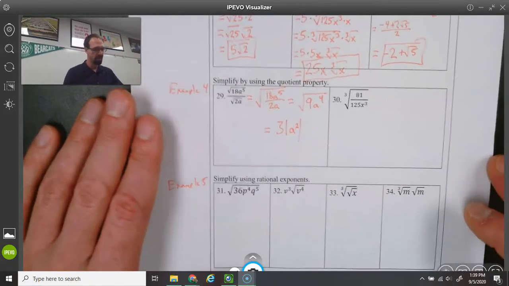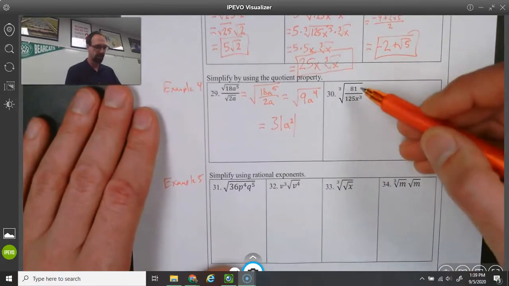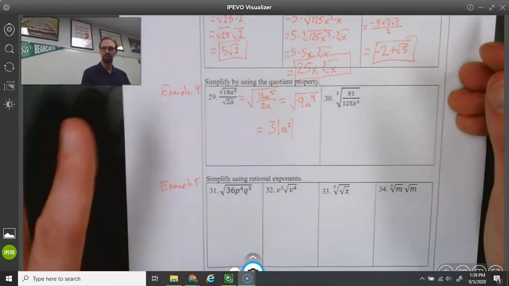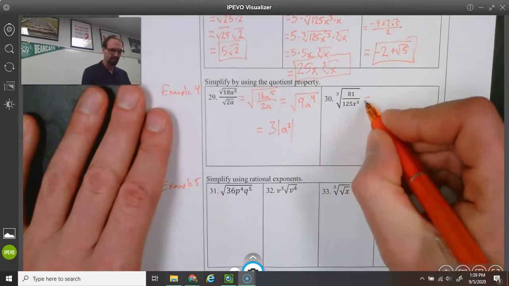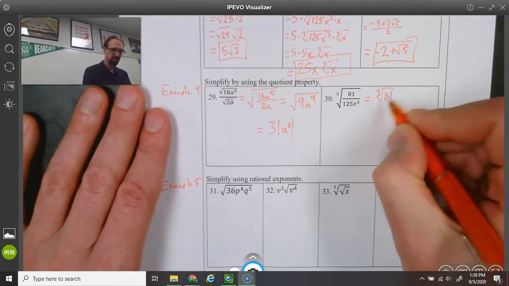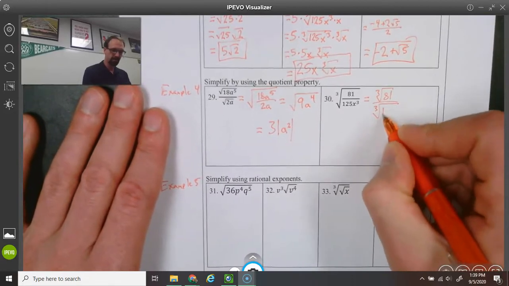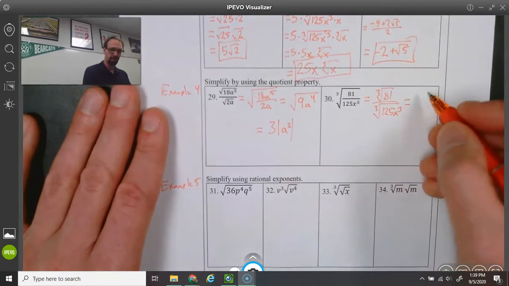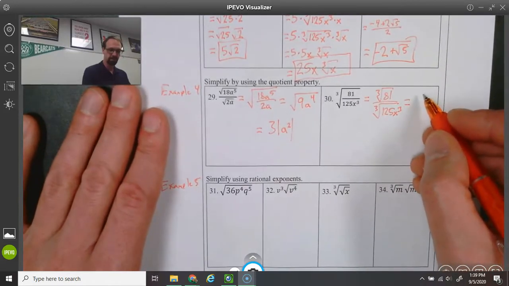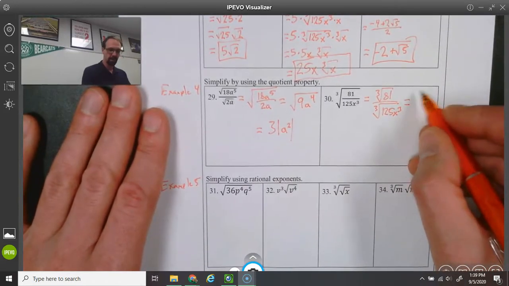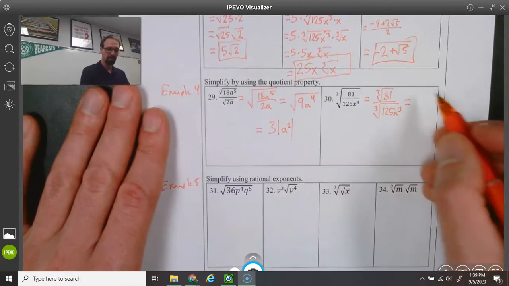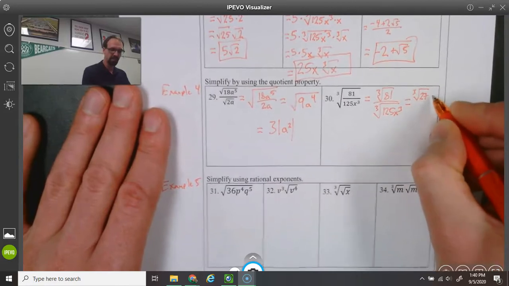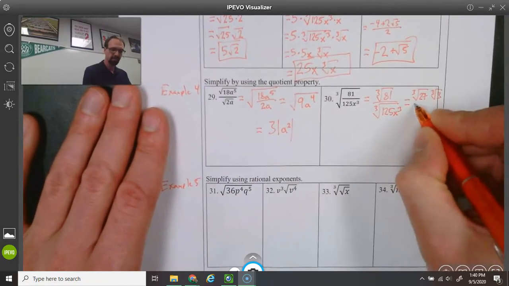For 30, with the cubed root of 81 over 125x cubed, I'm actually going to go the other direction. I'm going to take the cubed root of each of these individually: the cubed root of 81 divided by the cubed root of 125x cubed. The cubed root of 81 is not a perfect cube, but I can break it down into a perfect cube: the cubed root of 27 times the cubed root of 3.